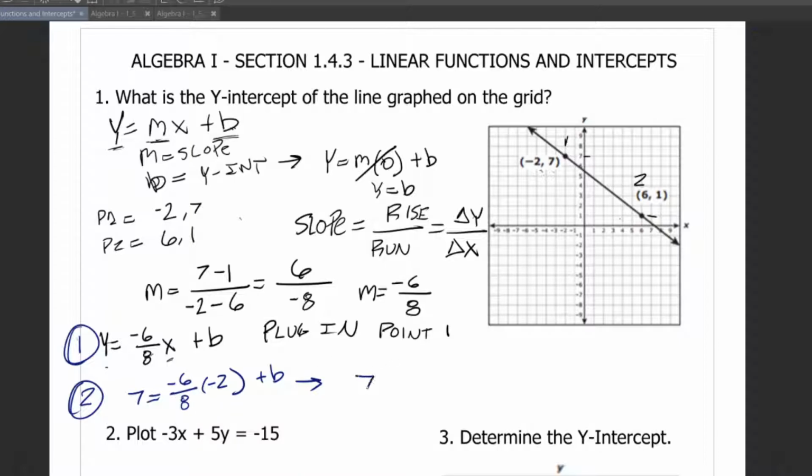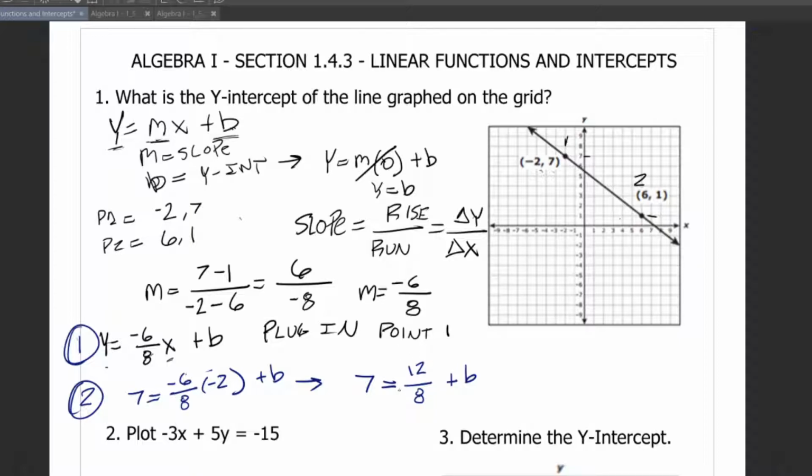Okay, so the next step, let's solve this out. We have 7 equals negative 6 times negative 2 equals 12, over 8, plus b. 12 over 8 is the same as 1 and 1/2, right? Again, this is 8 plus 4.